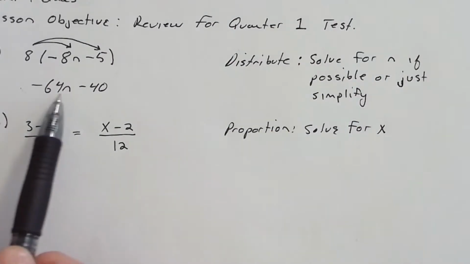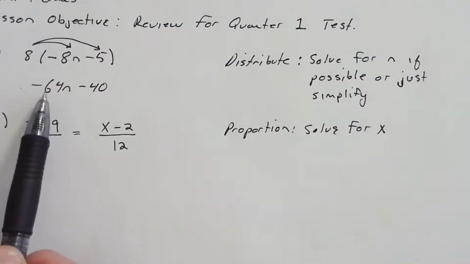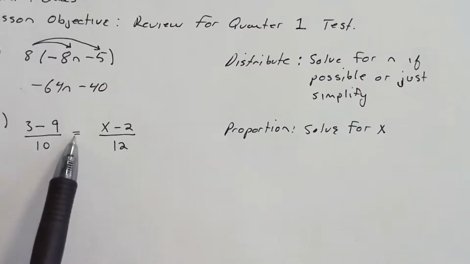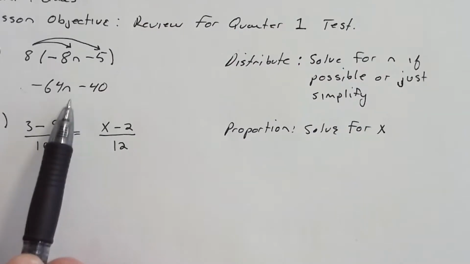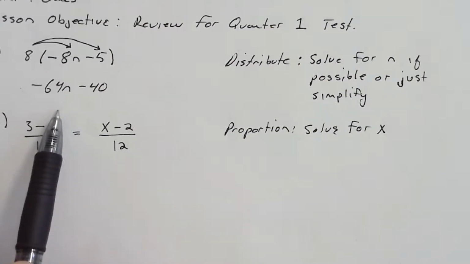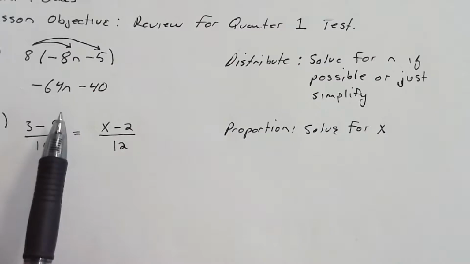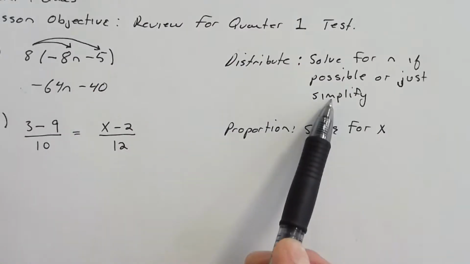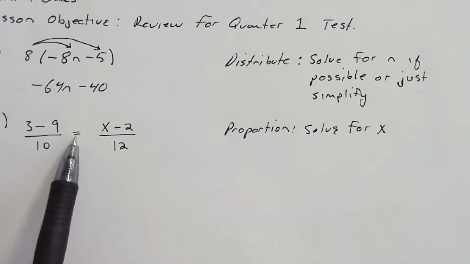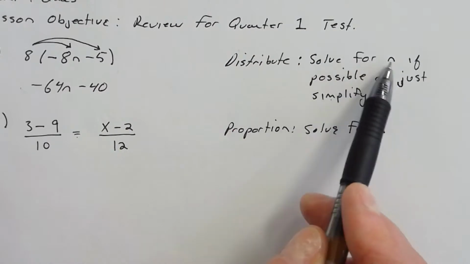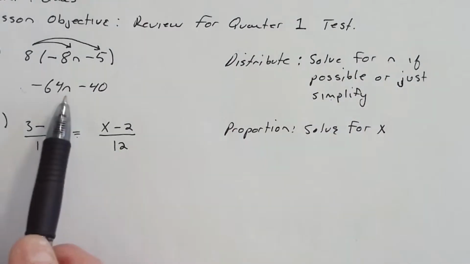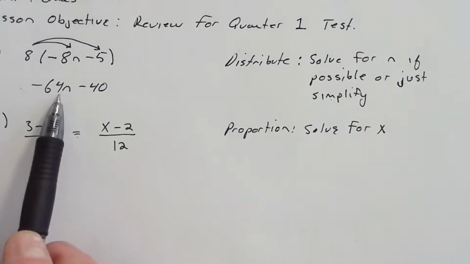But in this top problem, this was an expression. It wasn't an equation. There was no equal sign. So it's just an expression. So whenever you see a mathematical expression, the most you can ever do with it is simplify it. And so that's what we've done here. But when you have an equation, then we can solve for something, okay? So we're always trying to solve for the variable, but since this was an expression and not an equation, all we could do is simplify.